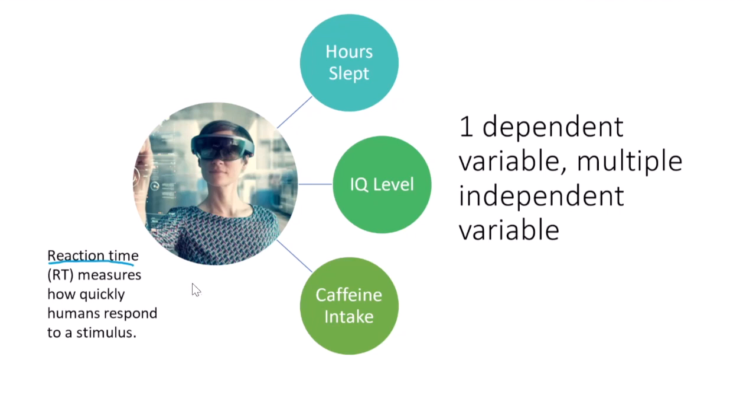In this example, the reaction time is dependent on three other variables, including the number of hours slept the previous night, the IQ scores of the student, and the caffeine intake before the experiment. So we have one dependent variable, which is the reaction time, and three independent variables.